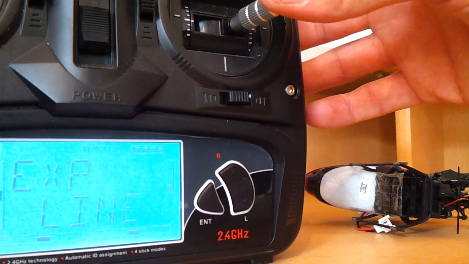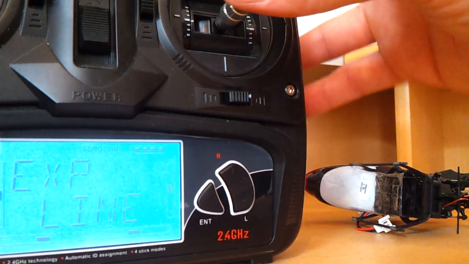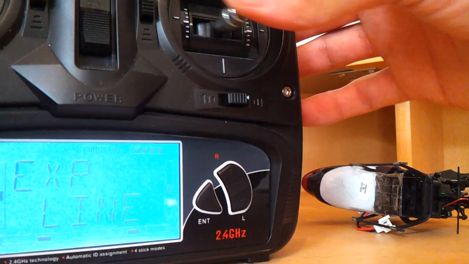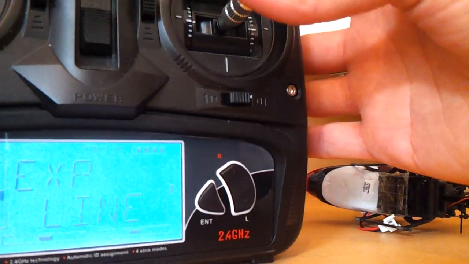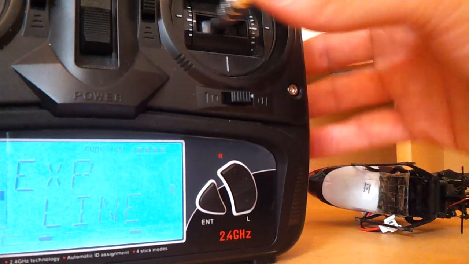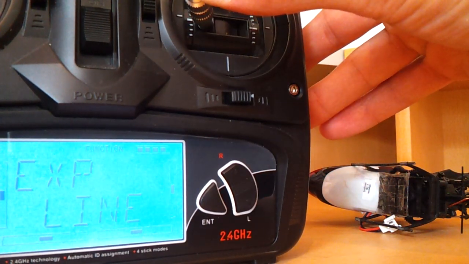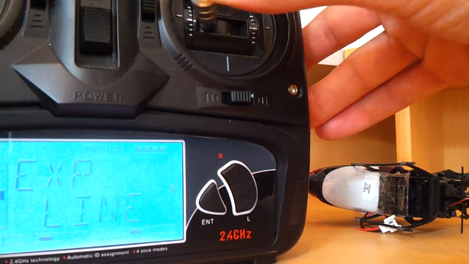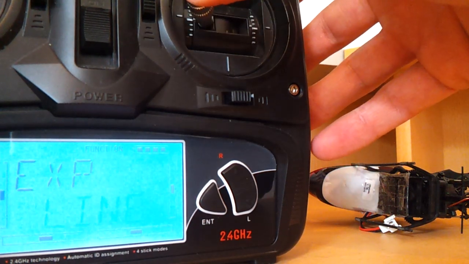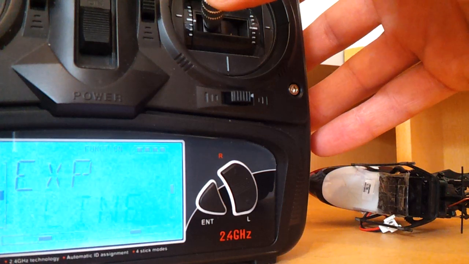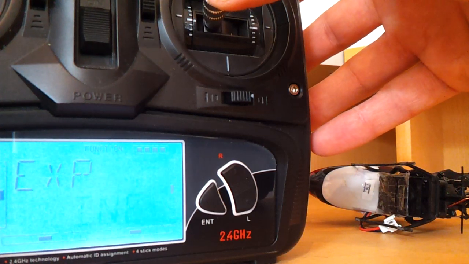So if you go over, let's say 50%, and you find yourself overcorrecting all the time and tipping the helicopter way over to one side or the other, you can limit your DR. 100% means it goes all the way over here. That is 100% is 100%. 50%, when you move the stick here, it's like you're only moving it halfway.